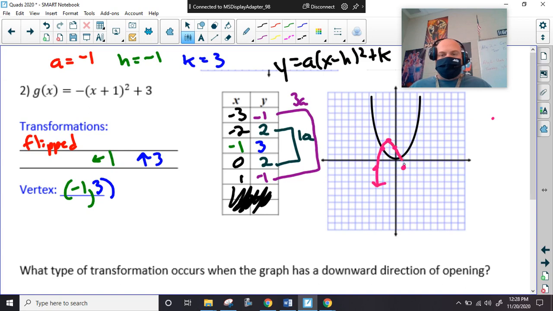All right. So it looks like kind of like that.